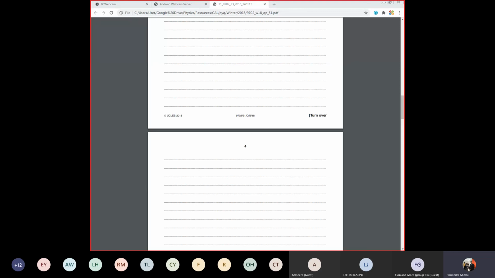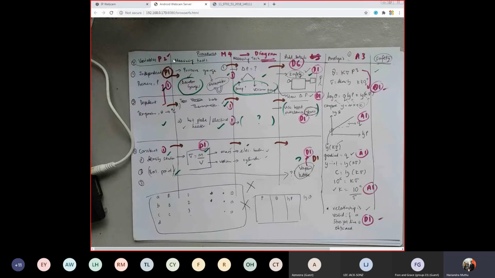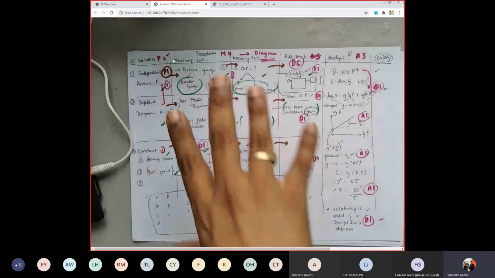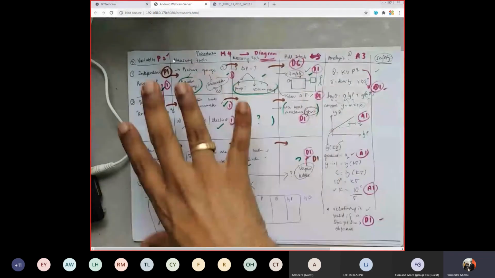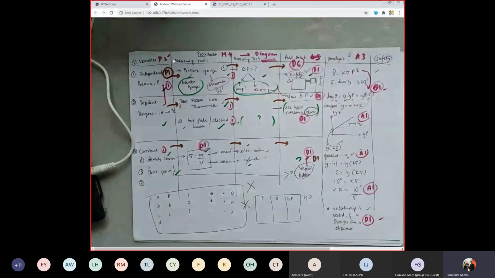If we use this method, which I've been teaching my students over the years, most of them say they have benefited from this table. As long as you fill up this table with all the points, you should have enough points to write, or else you might have very few points, and that may not be good because you might not score.